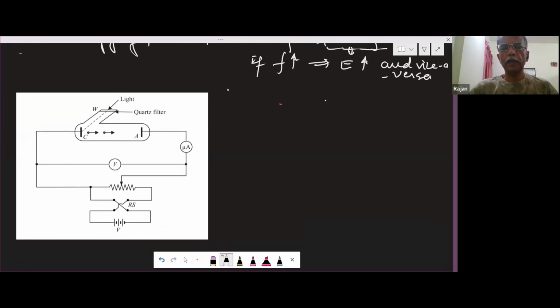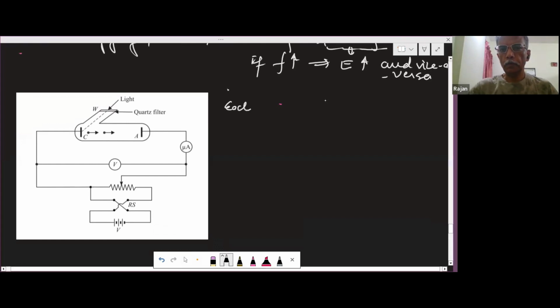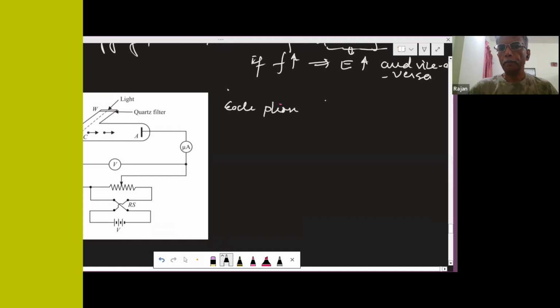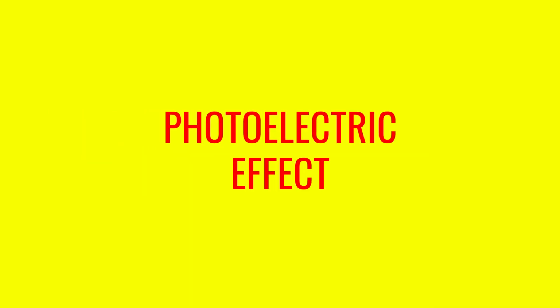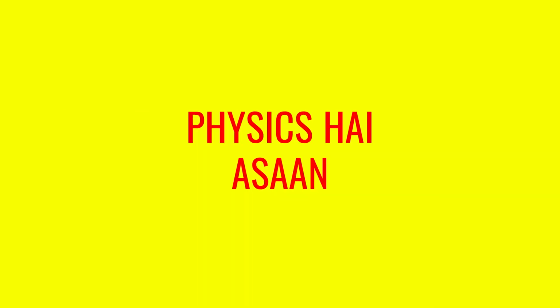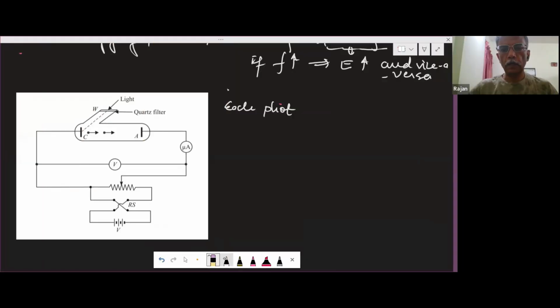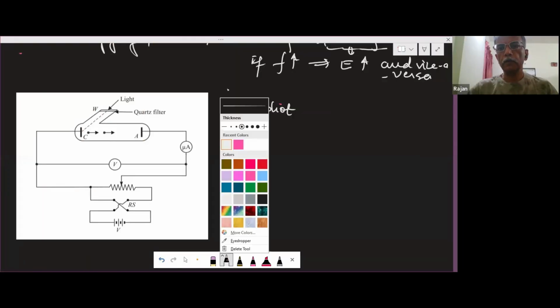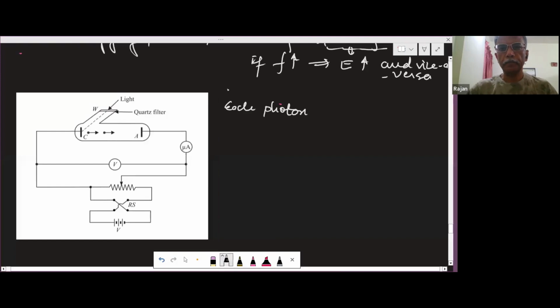So the point which I'll write: each photon is going to liberate one electron out of the metal surface.